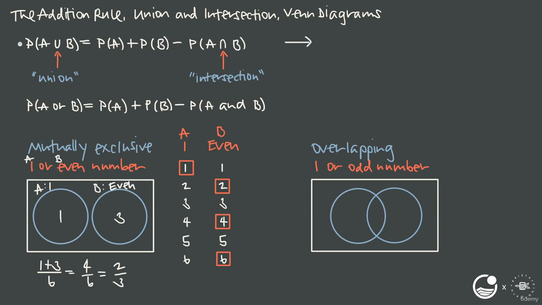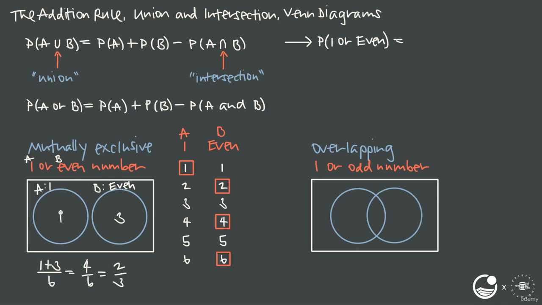We can say that the probability of event A or event B is the probability of rolling a 1 or an even number, and that is equal to the probability that event A occurs.